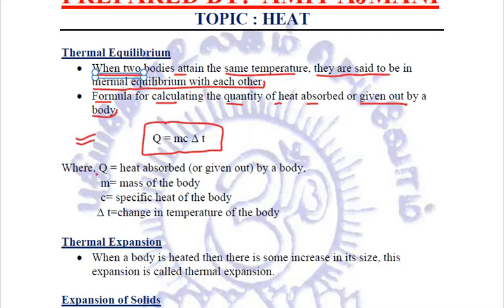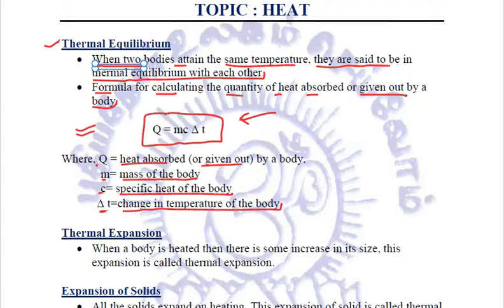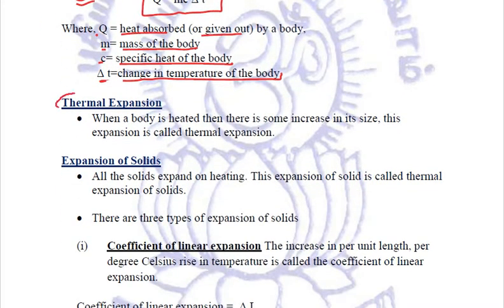Here Q is the heat absorbed or given out by the body, m is the mass of the body, c is the specific heat of the body, and delta T represents the change in temperature of the body. So Q = m c delta T. This is thermal equilibrium.